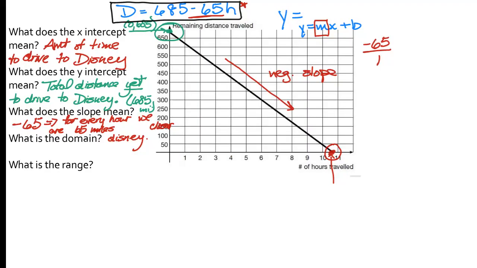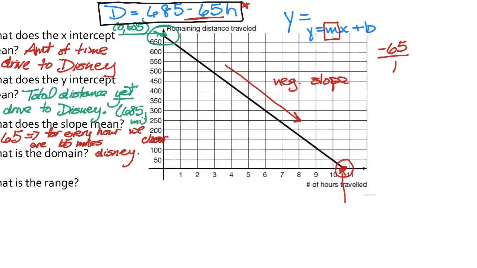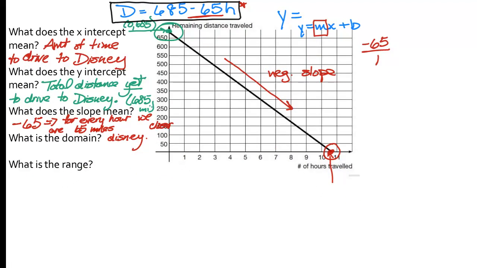What's my domain here? Isn't 65 the average for each? It is 65 miles for every hour. We are decreasing 65 miles for every hour, and H is the number of hours you have been on the road.